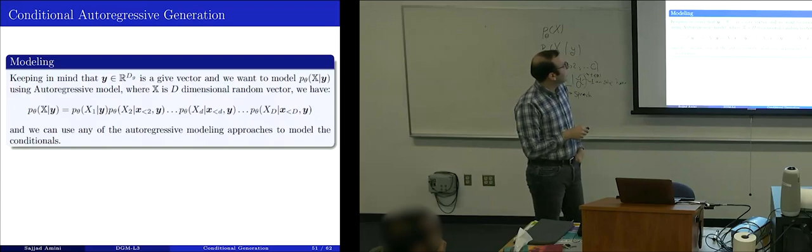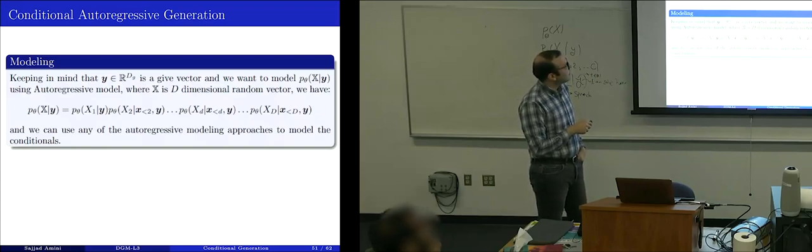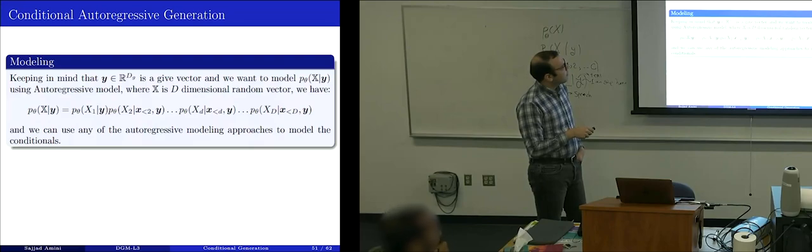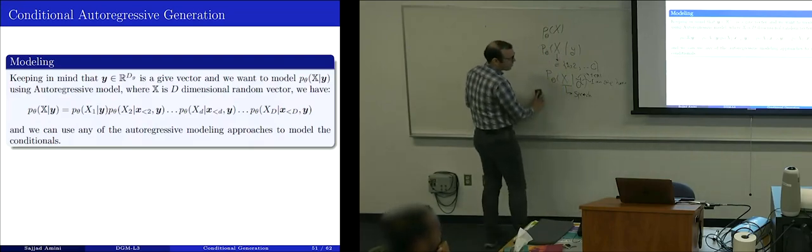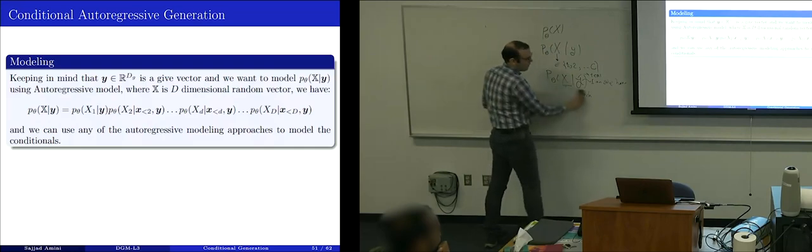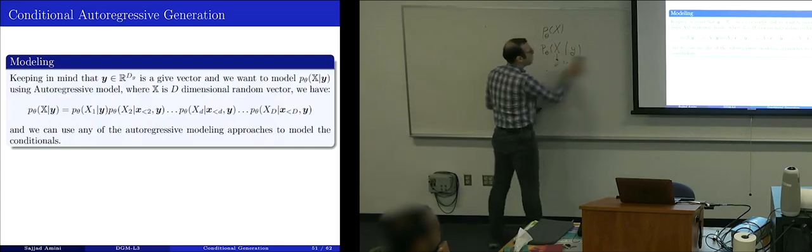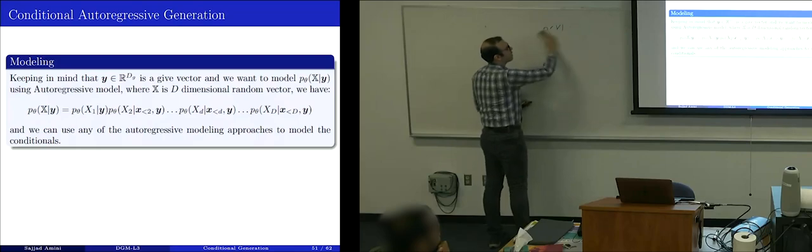Modeling. Here, keep in mind that y is in R^g, a vector, and we want to model p theta of x given y. So just to see how our autoregressive model changes when we have a condition.